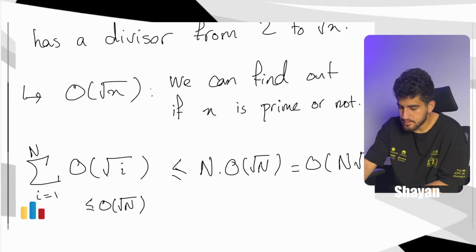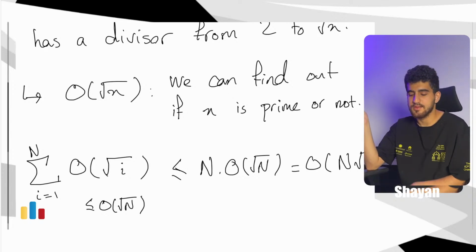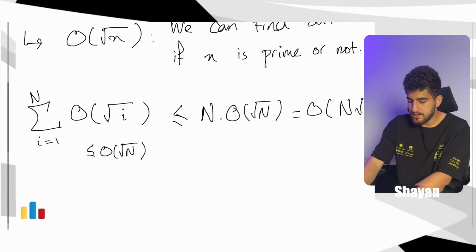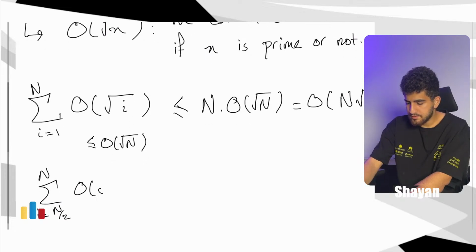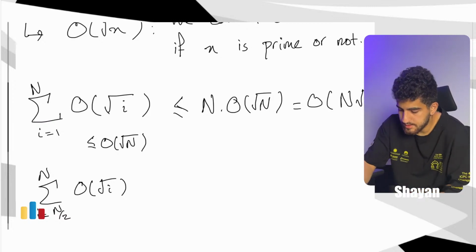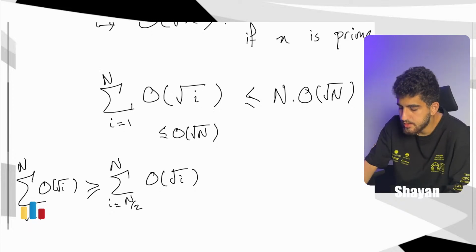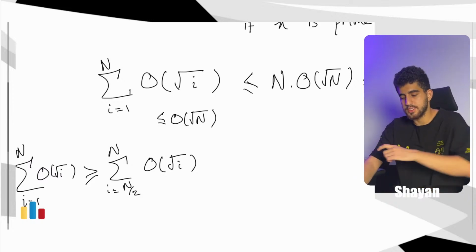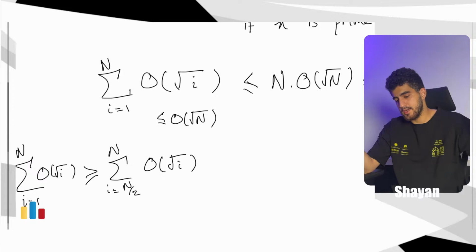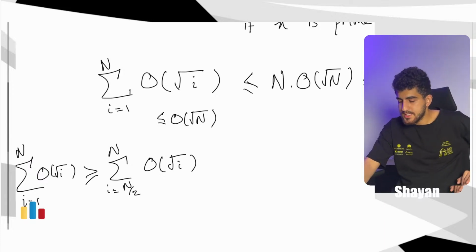And the point is that you can show that it's not much less than that as well, because at least half of them, for i from n over 2 to n, have square root of i of order square root of n. You can show that the sum of the square root of i from 1 to n is greater than or equal to the sum from n over 2 to n, because this way you are just ignoring some i's from 1 to n over 2.